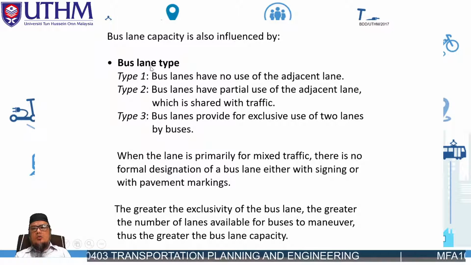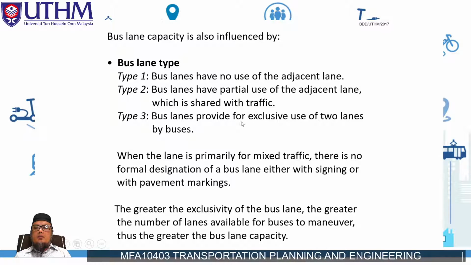Okay, the type will also influence the capacity of the bus lane. So this is the typical type of bus lane design, or bus lane facilities. First one, bus lane with no adjacent lane. Second type, bus lanes have partial use of the adjacent lane, which is shared with traffic.